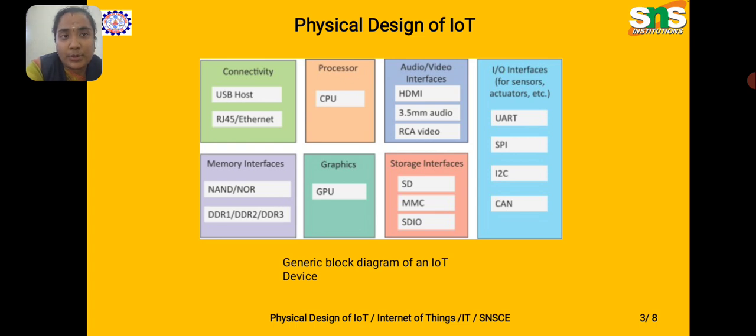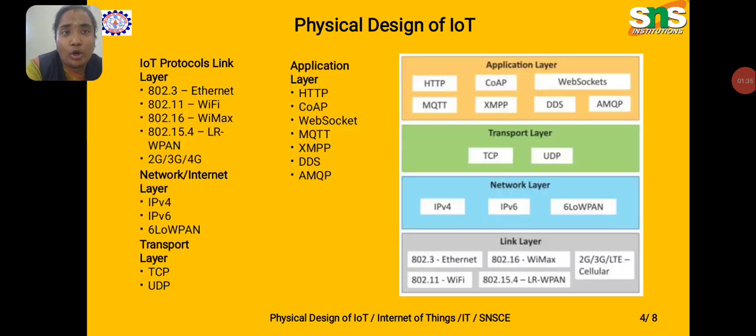Graphics consist of a GPU. Storage interfaces consist of SD card, MMC, SDIO, etc. This diagram is again combined with input interfaces from sensors, actuators, etc., which have UART, SPI, I2C and CAN. These are the interconnected block diagram.